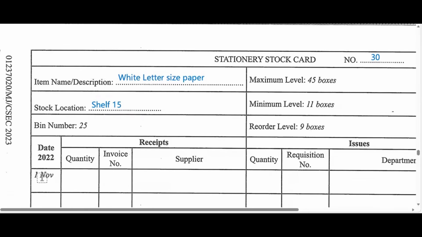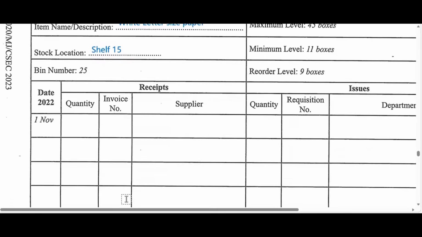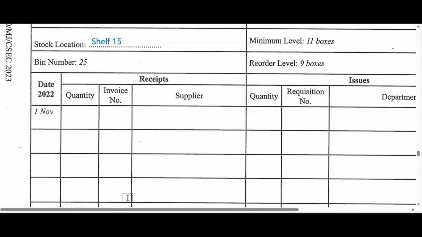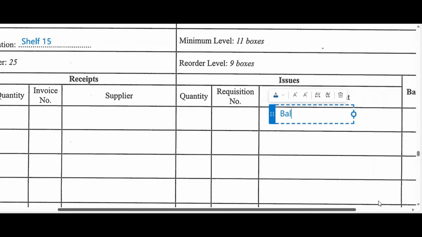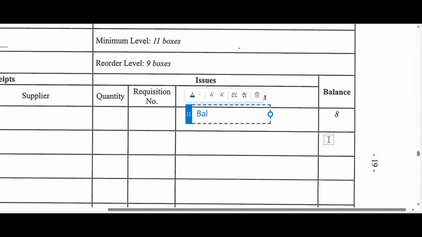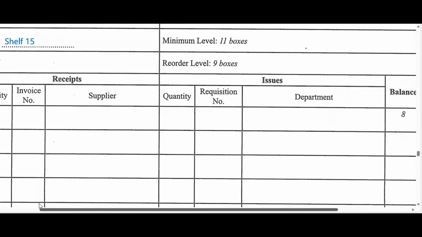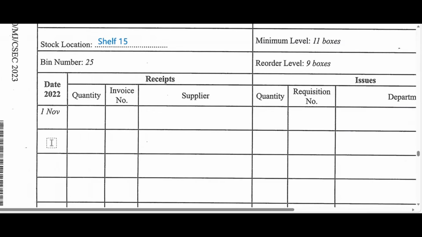Right, let's see what's going on here. So 1st of November, the balance quantity, you will put the balance here. Right, so the balance is 8. So we don't have to put this in, it's already there. So right now we have 8 white letter size paper. Now we go to the 10th of November.